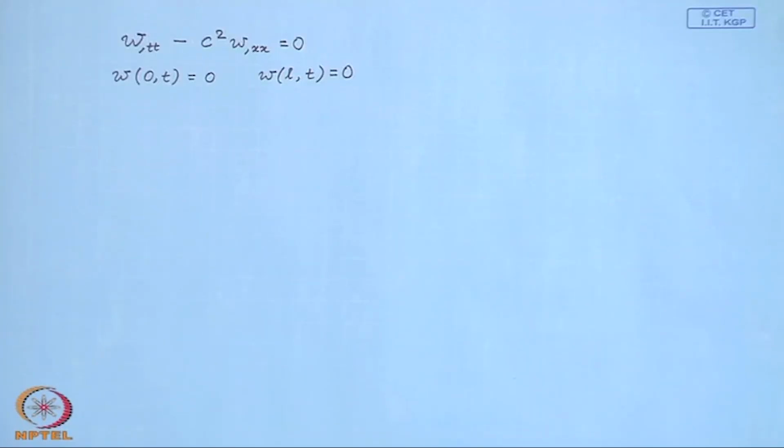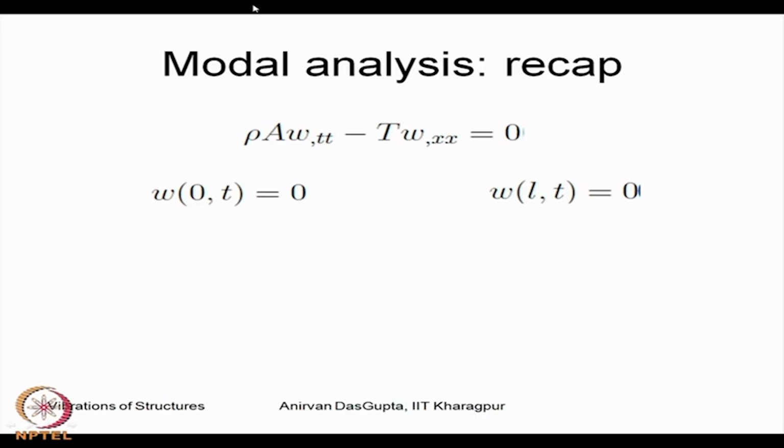Here I show this equation of the string and the corresponding boundary conditions at the two ends. Now, we assumed a solution which had the structure like this.